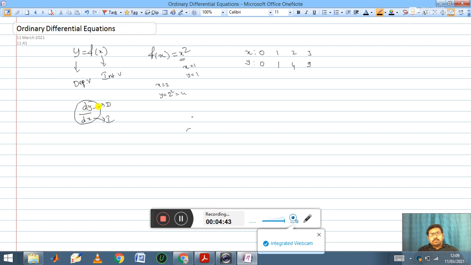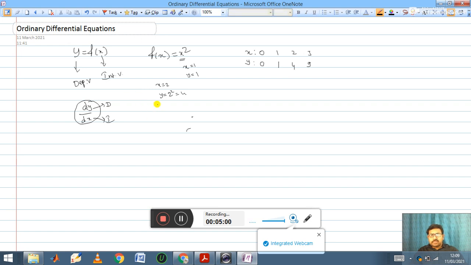We can call it the rate of change of y with respect to x. It is denoted by dy by dx, which is nothing but the first order derivative.